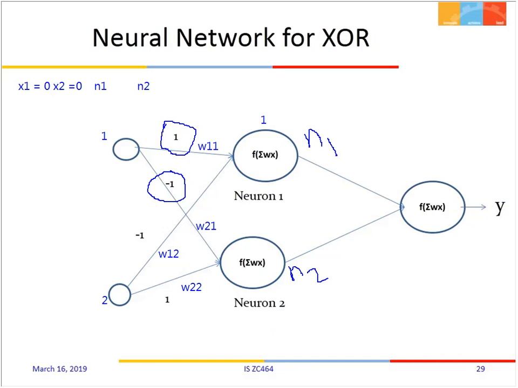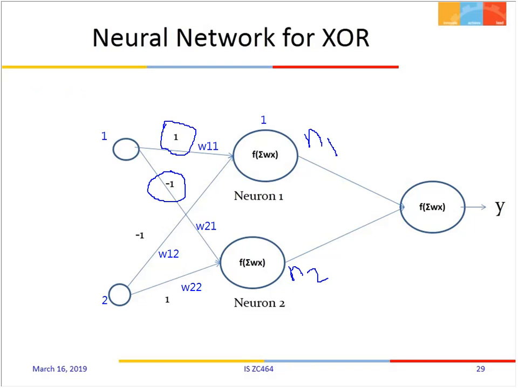For x1 equals 0 and x2 equals 0, what is the expression for n1? It is w11 x1 plus w21 into x2. Am I right?